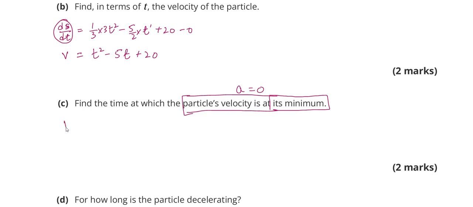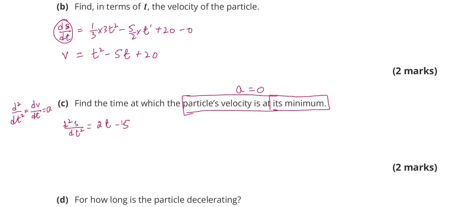So if I find the second derivative of displacement, that would be 2 into t minus 5. So d square s over dt square is basically the derivative of velocity, dv over dt, and that is actually acceleration, right?